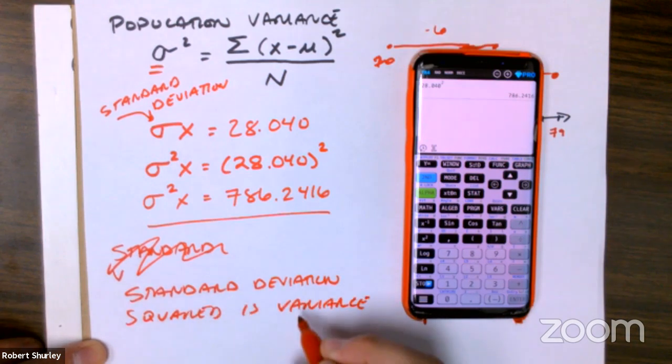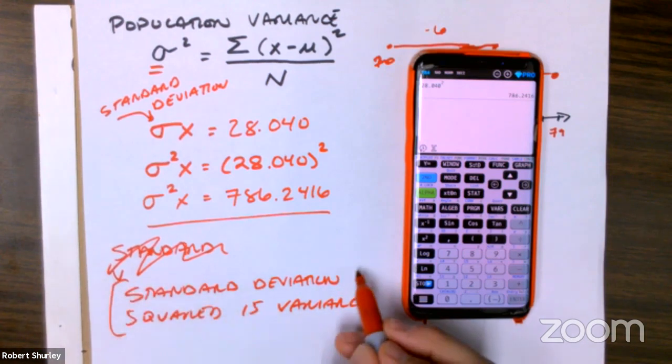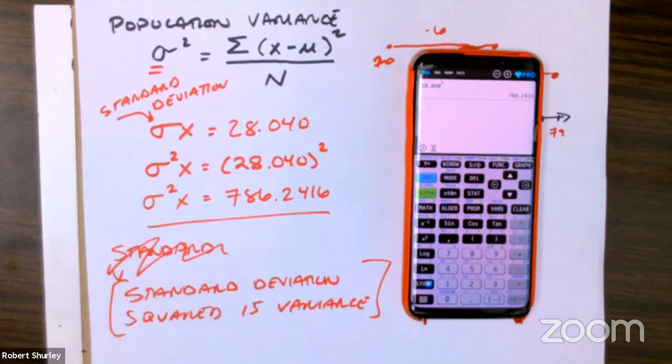And that's true for population or for the sample, okay? You square the standard deviation, you wind up with the variance. So the calculator pops out the standard deviation. You just have to square it to get the variance. So not too weird, but it's a bummer it just doesn't do it for us.